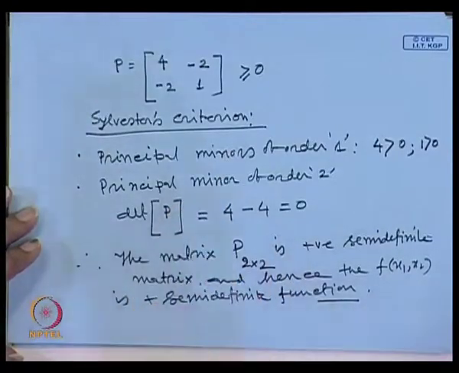Then the principal minors of even order will be positive or some value will be 0, and the principal minors of odd order will be negative or 0. The same thing you did here, you can do for this one.